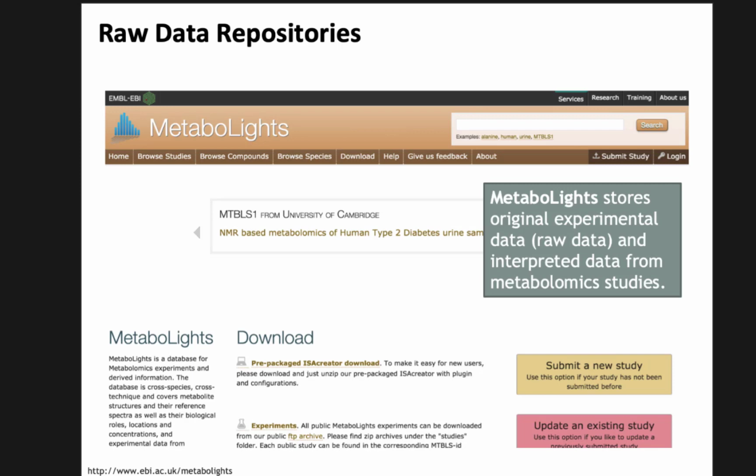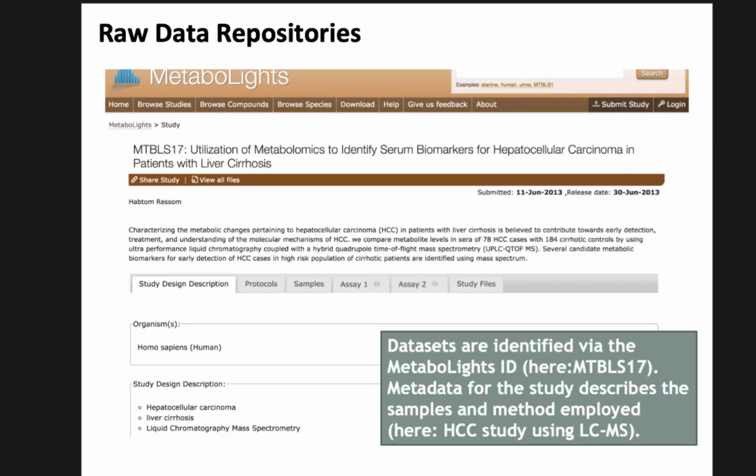For metabolomics, MetaboLights is one of the repositories that I can recommend. It stores all the raw data, but it also stores the interpreted data from your study. So you can put in the identifications as well. And it makes it easy for you to reproduce other people's work, because if you publish a metabolomics paper and say, our data set is available at MetaboLights ID MTBLS234, then everyone knows what they're talking about, and you don't have to write awkward emails: I would like to get access to the raw data.